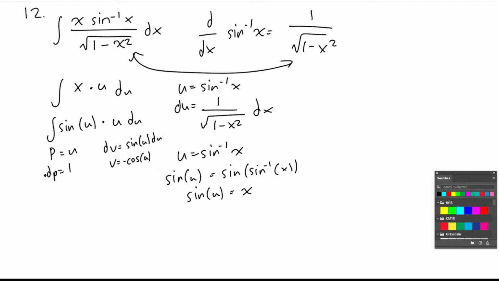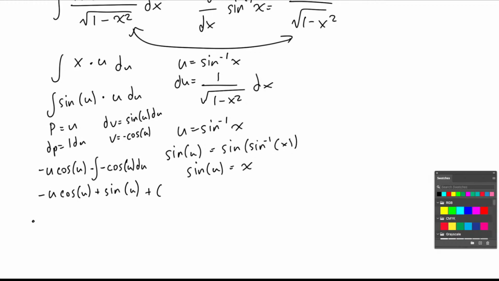That means negative u cosine u minus the integral of, oh, this should be du, 1 times negative cosine u du, and that would be negative u cosine of u plus sine u plus c.